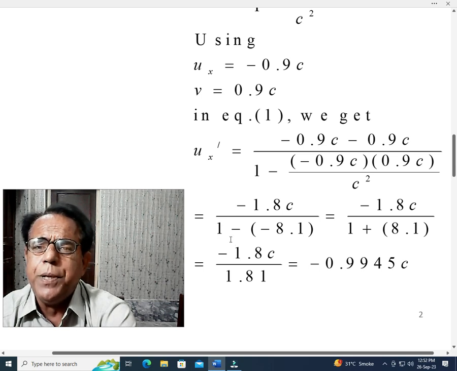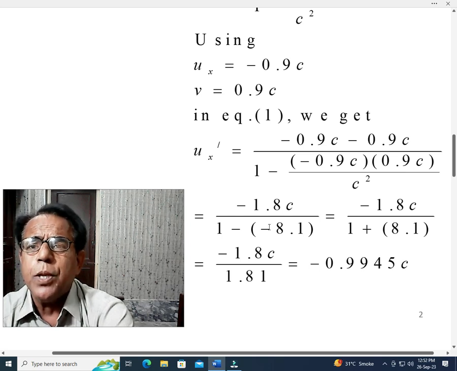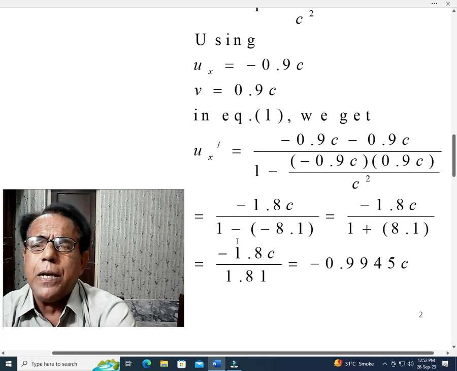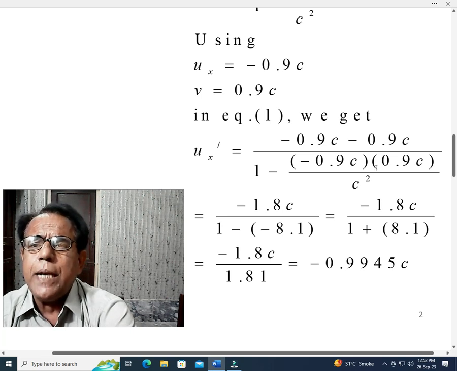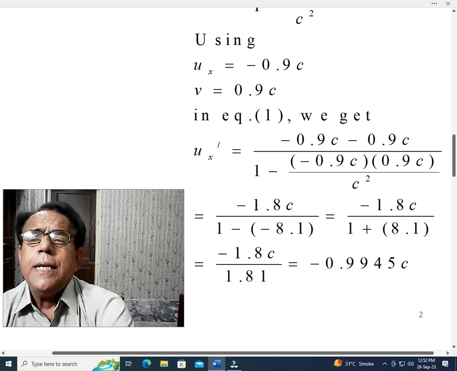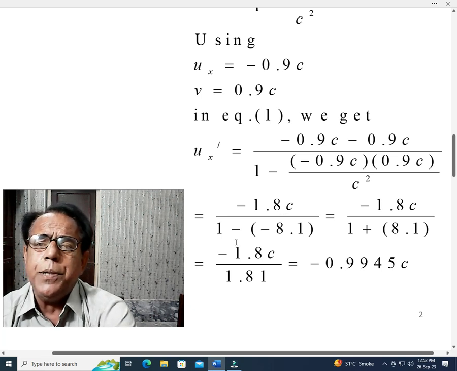In the denominator, 1 minus into plus, so minus into plus remains minus. So 9 into 9 is 81, and hence it becomes 0.81. In the numerator minus 1.8 c and in the denominator 1 minus 0.81.